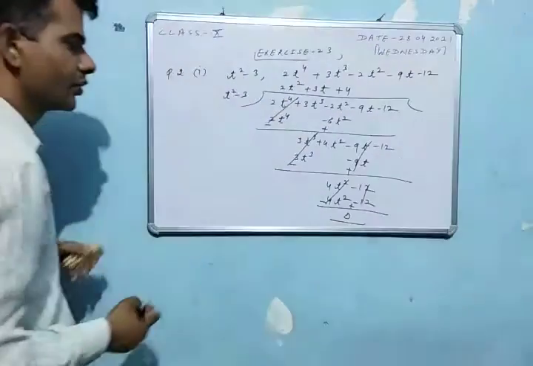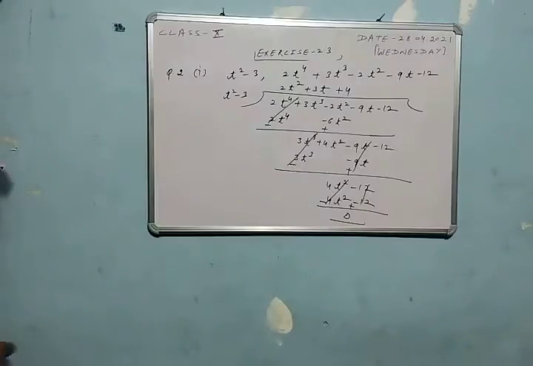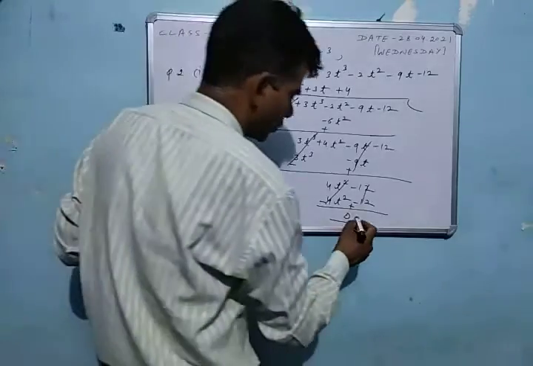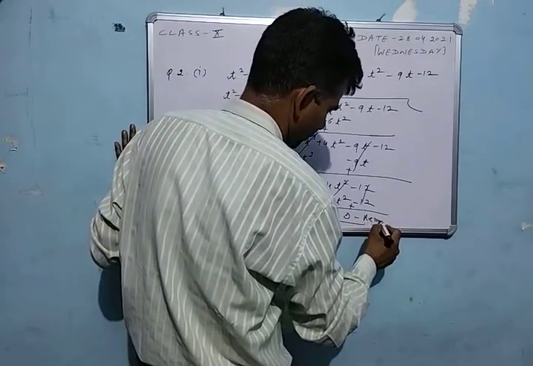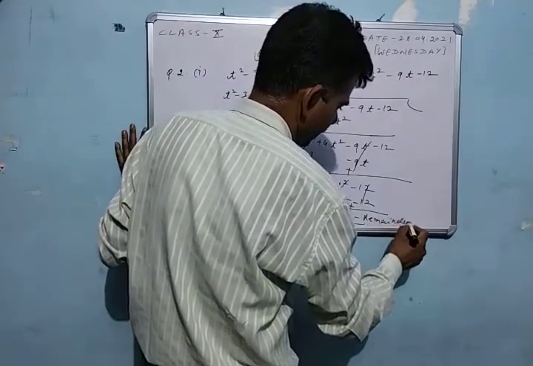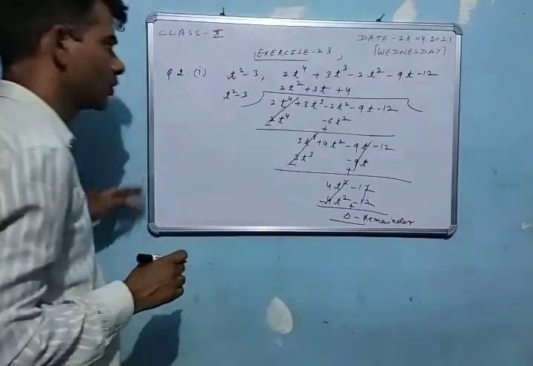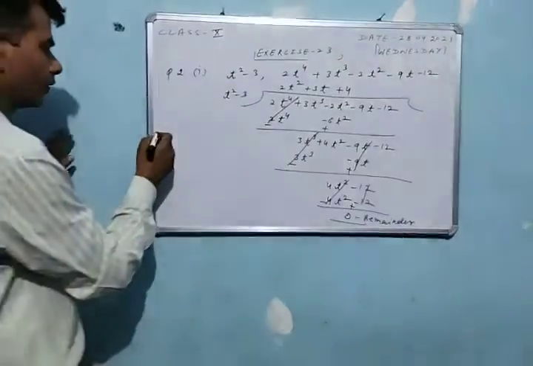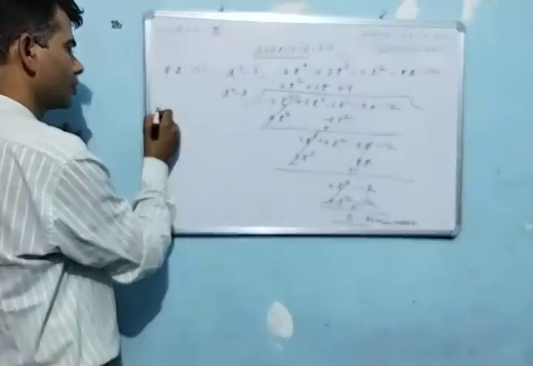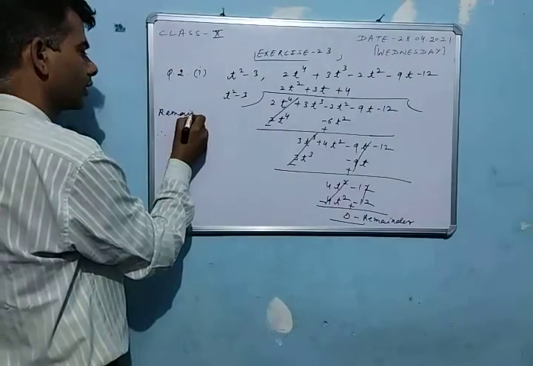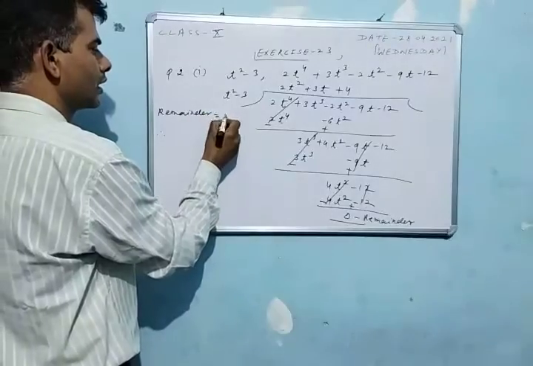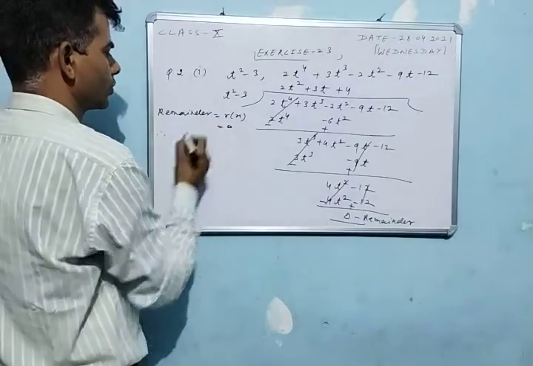Remainder is 0. That is your remainder. If remainder is 0, now first polynomial, therefore remainder is 0. Student, your remainder, that is r of x is equal to 0.